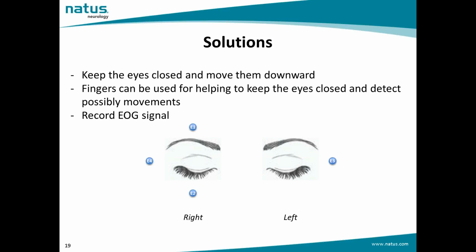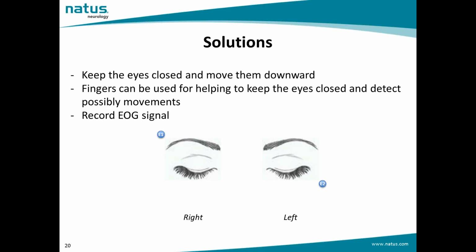Typically, we use 4 electrodes in a bipolar montage, as you can see in the picture. The difference between channels E1 and E2 shows if the user is looking up or down. The difference between channels E3 and E4 depends on whether the user has looked to the left or to the right.